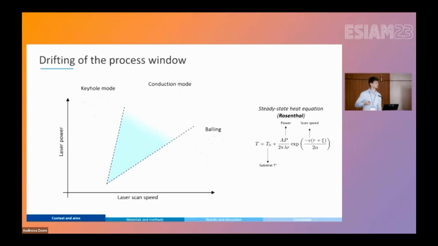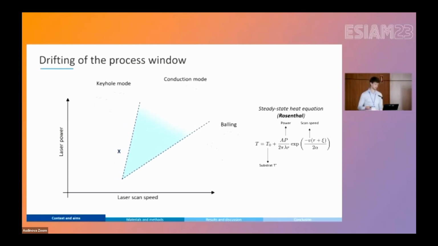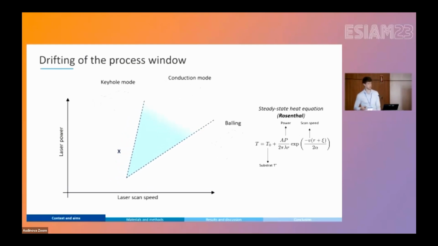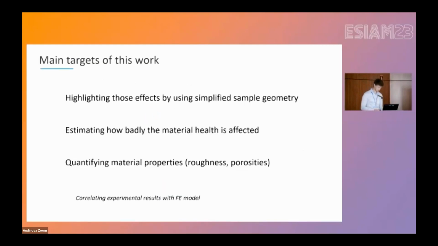And because of the build-up temperature during the process, this temperature can increase or decrease. And of course, your selected parameter can no longer ensure a stable melt pool during the process if the build-up temperature is changing. So in this talk, this is what we want to study.